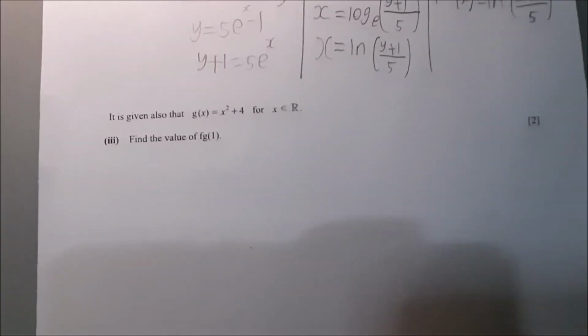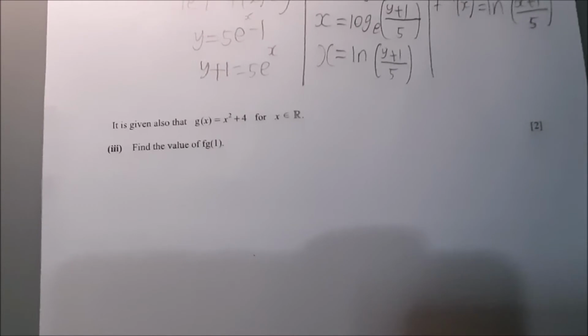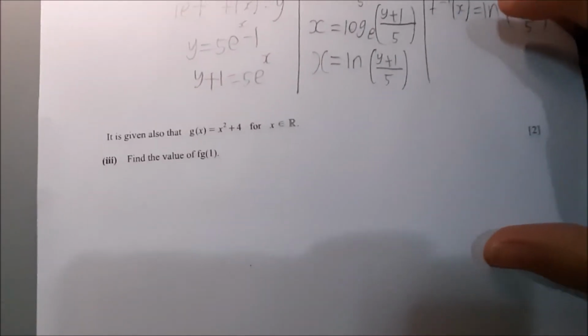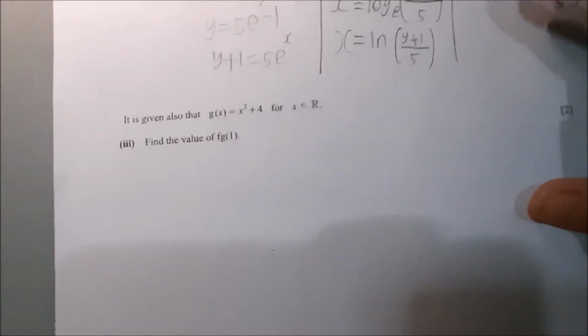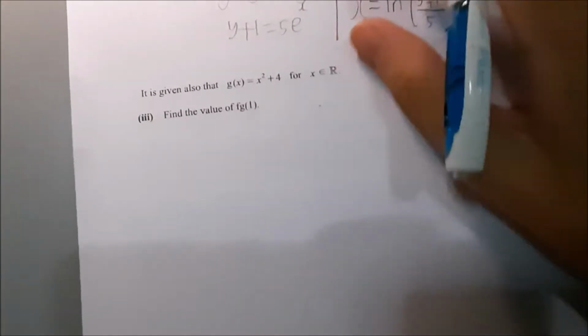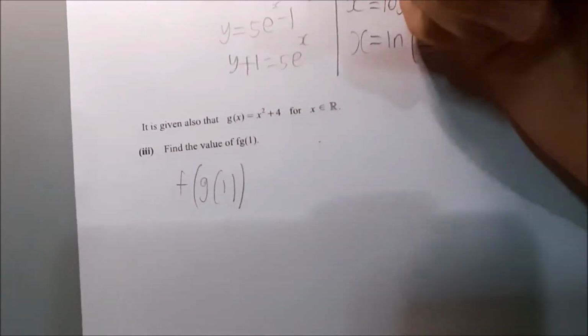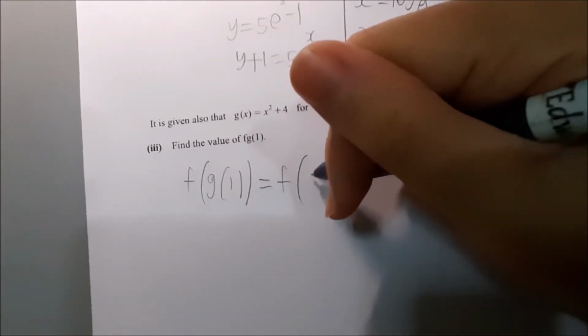It is given also that g(x) = x squared plus 4 for when x is an element of all real numbers. Part 3. Find the value of fg(1). This literally means f(g(1)).